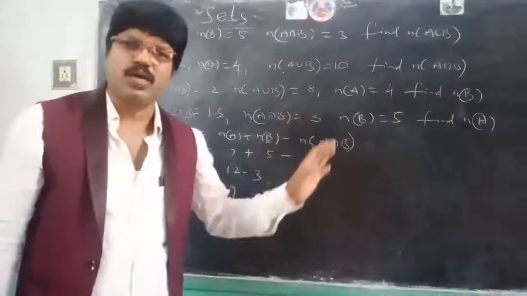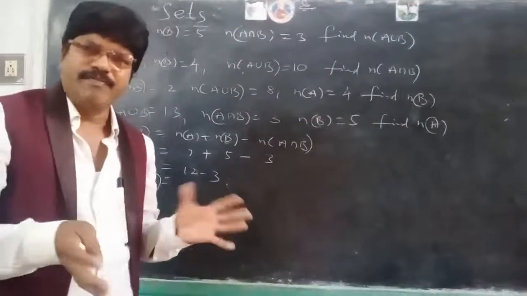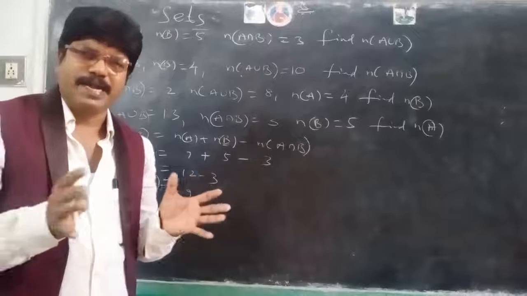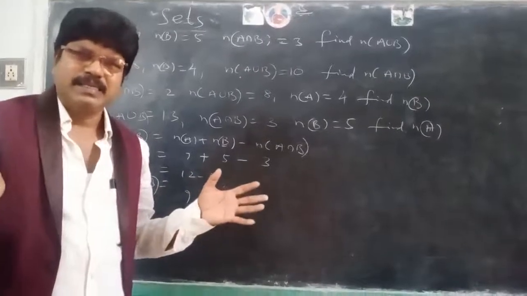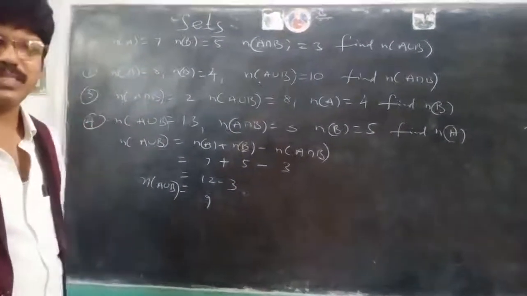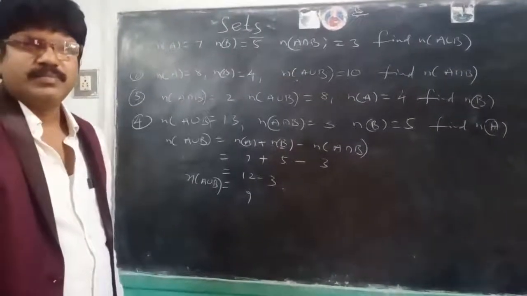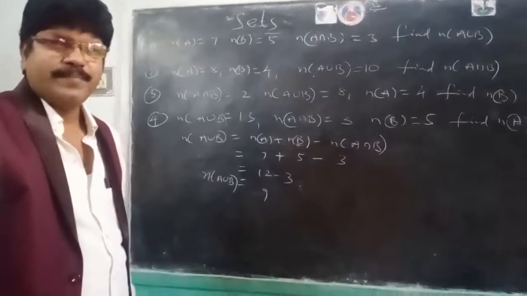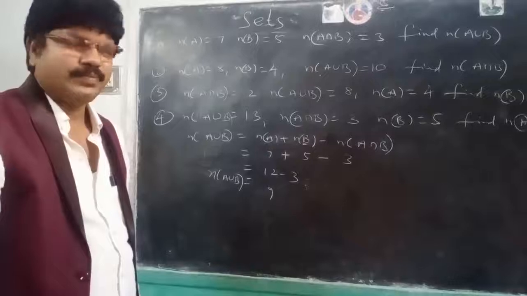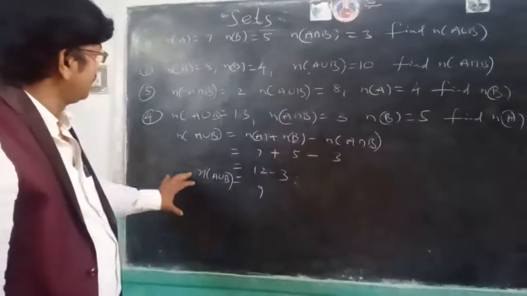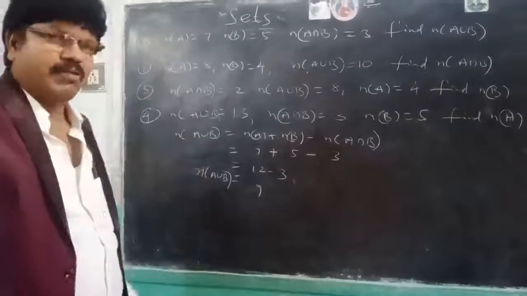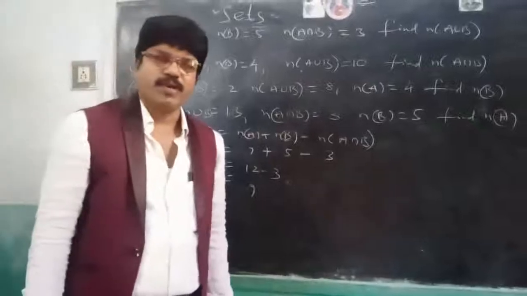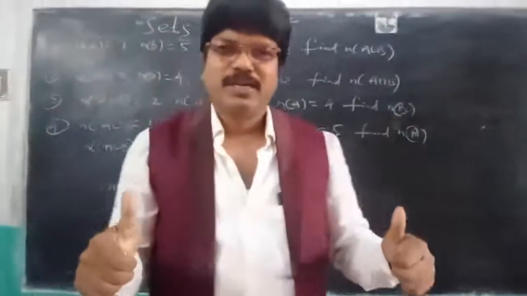Remaining all sent to RHS. Simplify, either adding or subtracting. That's all. Then you will get the answer. Have you understood? Did you get clarity? Do the remaining all. Okay? Have a nice day.